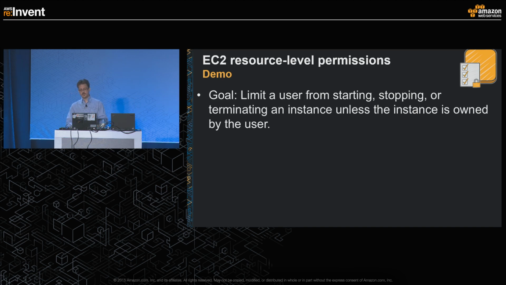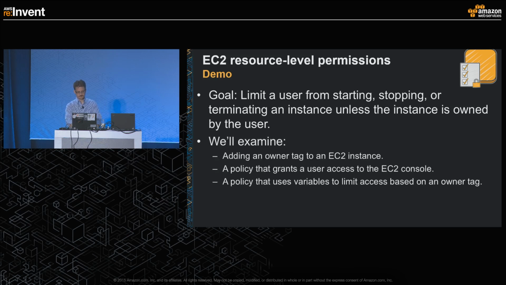Specifically, I want to limit a user from starting, stopping, or terminating an instance unless the instance is owned by that user. I'll show you how you add a tag to an EC2 instance, and a policy that grants a user access to the EC2 console. And then, of course, we're going to use a policy that uses the username variable to limit what that user can do in the system.